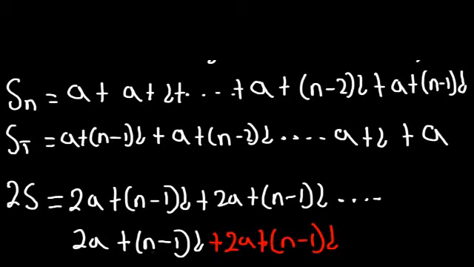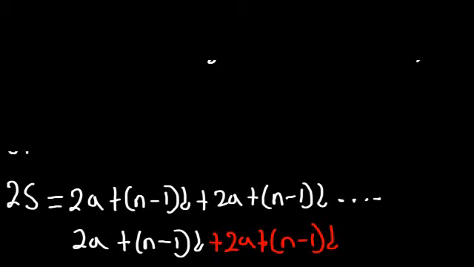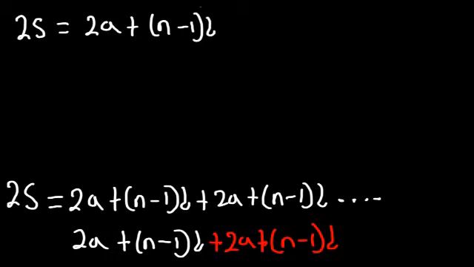And notice that this value keeps on being the same thing. It's just that it keeps on repeating depending on the number of times you're having. So we can make a general conclusion that 2s is now equal to 2a plus n minus 1 d, and everything multiplied by n.